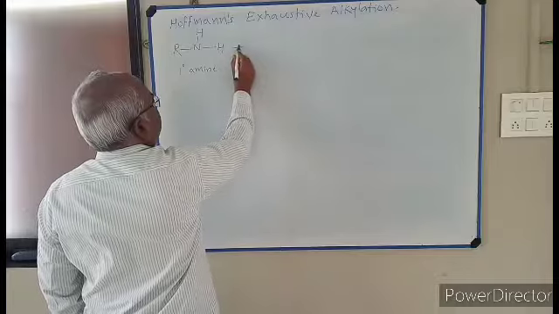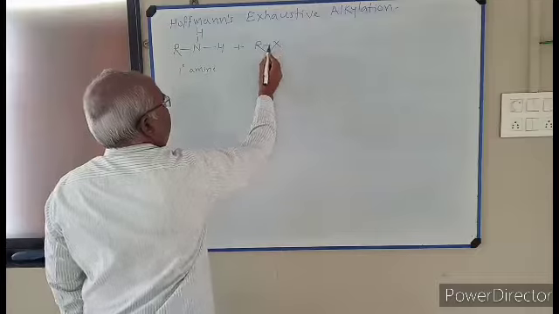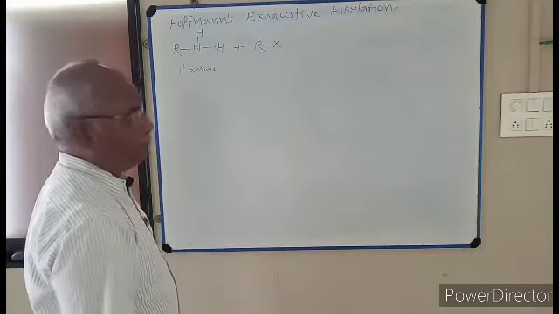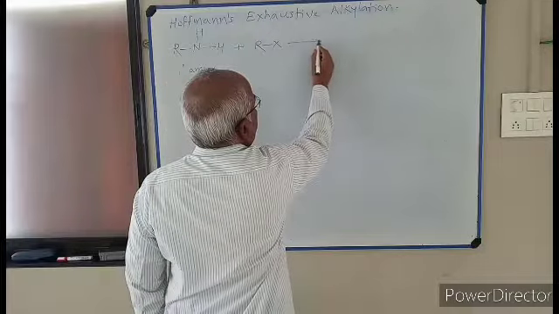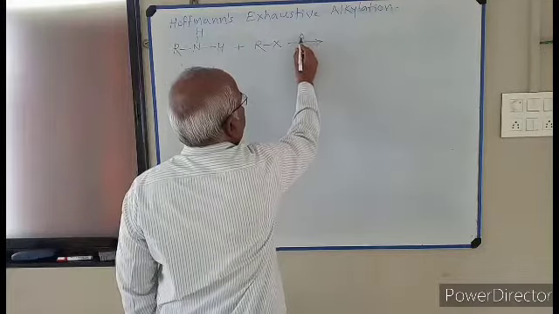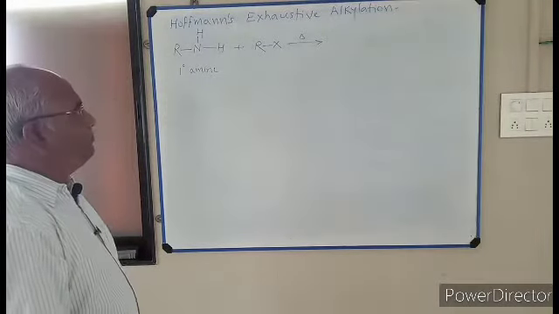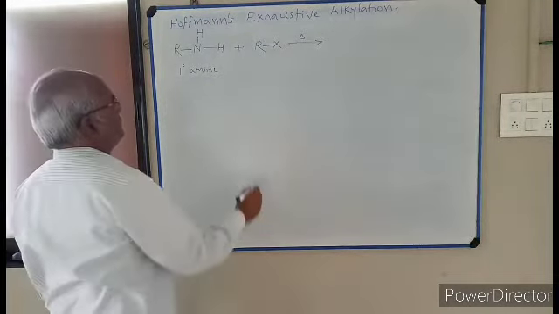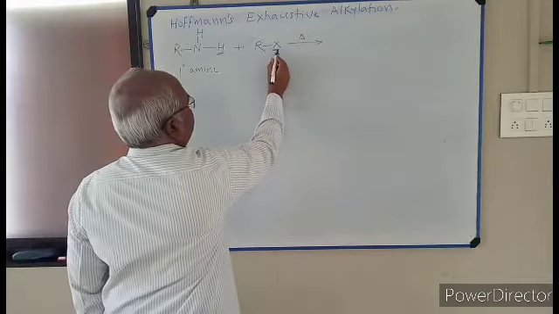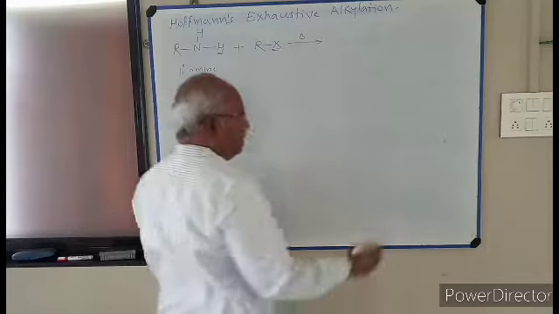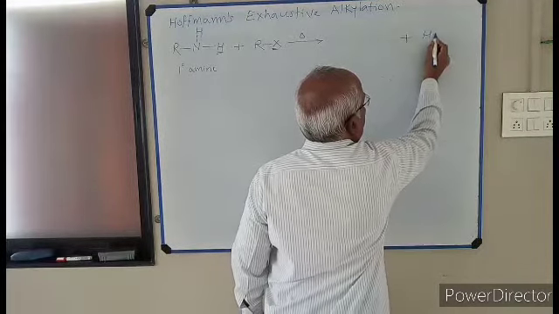To this primary amine, alkyl halide is added, or the primary amine is heated with alkyl halide. A simple reaction takes place. H combines with X and the side product is HX.